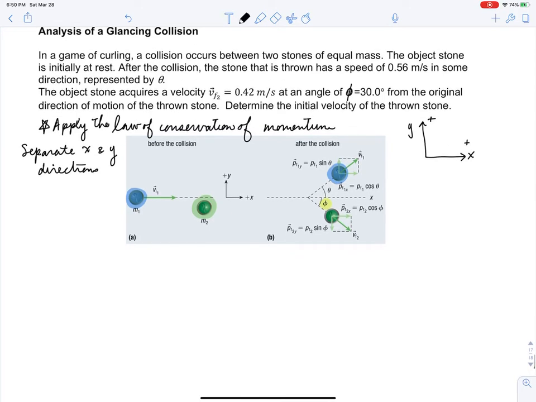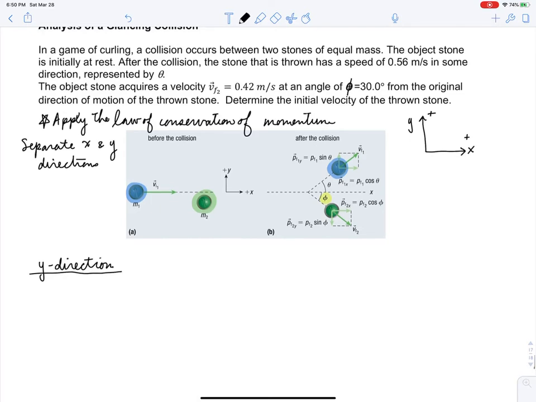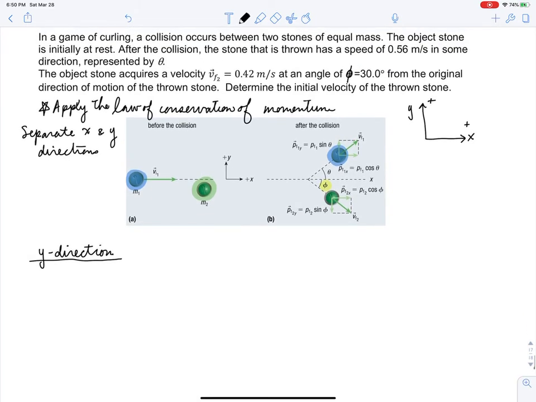Let's first take a look at what is happening in the y direction. Be mindful of space when you're filling out these answers. I'll try to guide you so that we can conserve space and fit this all on our page neatly.